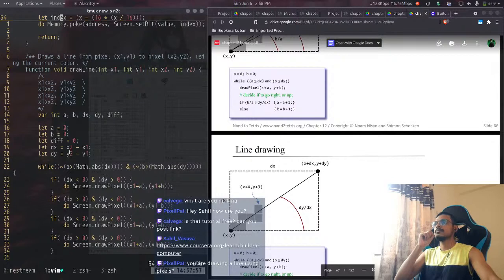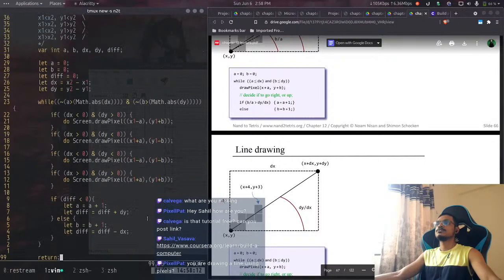If y2 is less than y1, then this will be negative. In that case, this condition falls apart. But if I get the absolute value, then it won't. But the issue then is how to get the exact point where we need to draw a pixel.